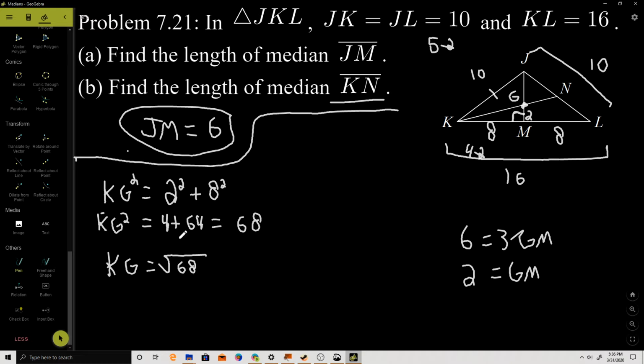Now we can simplify that a bit further. I know that 4 times 15 is 60, so 4 times 17.